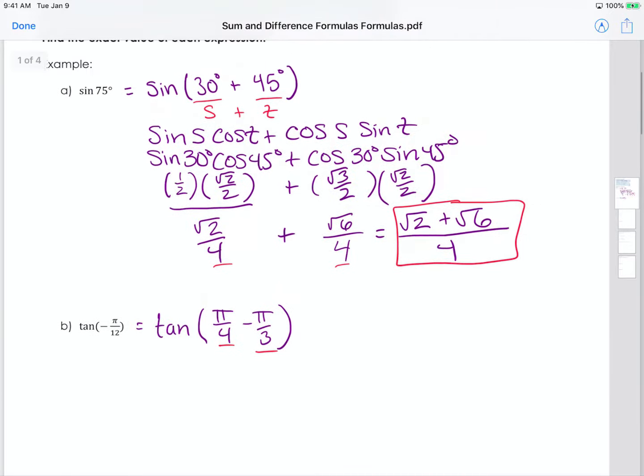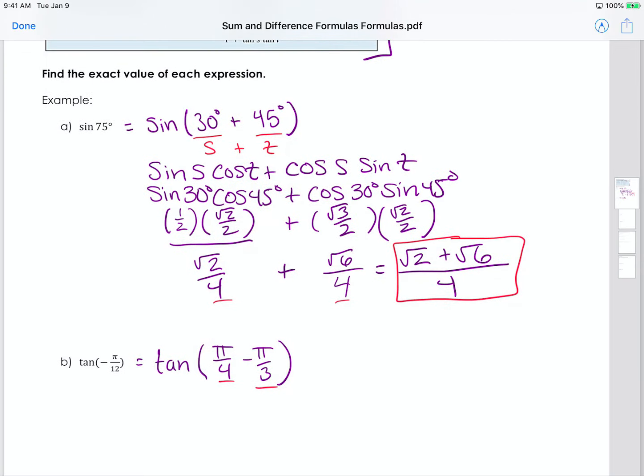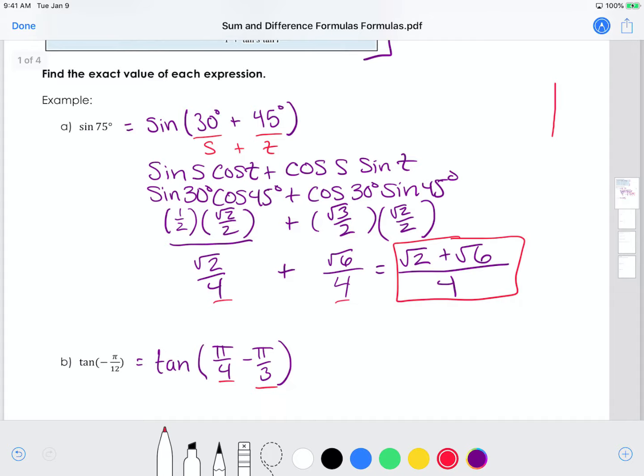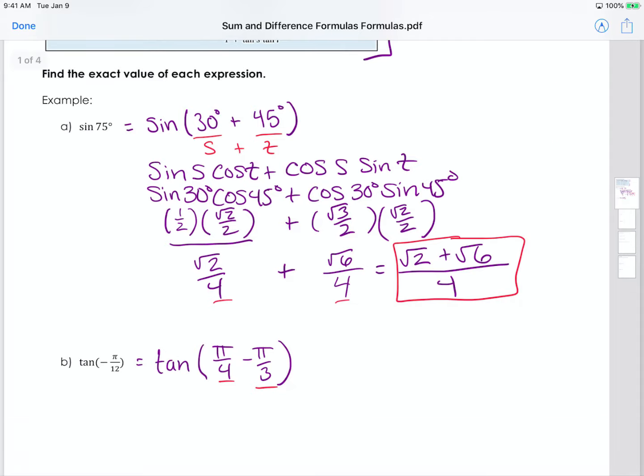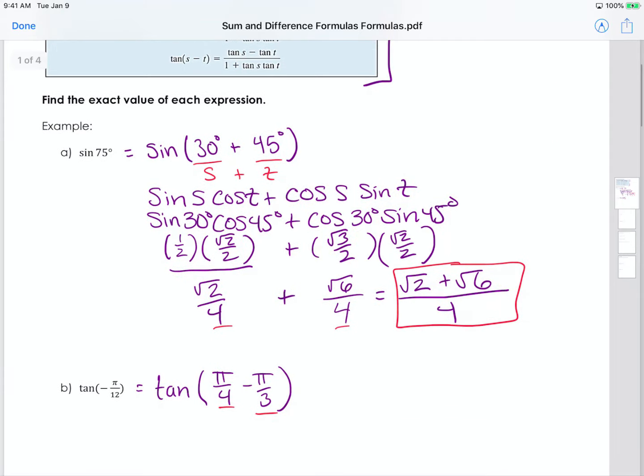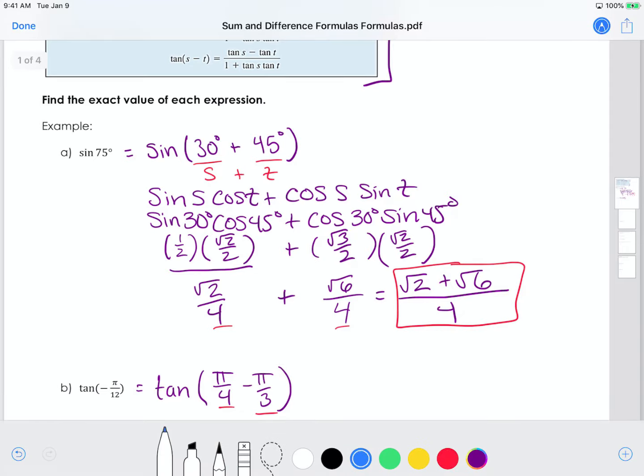Now if I scroll back up, I'm going to look for the formula for tangent that has the difference of angles. That's this one right here, tangent of S minus T. So I'm going to think of pi over 4 as my S and pi over 3 as my T.